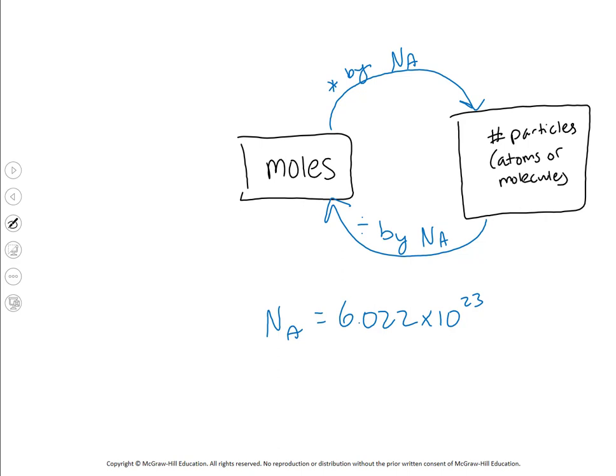And when you're using units to show how the units cancel, the units for Avogadro's number are going to be your particles, which are either your atoms or molecules, per mole. So mole is on the bottom. Keep doing that. And again, that little flow chart is on page 95.